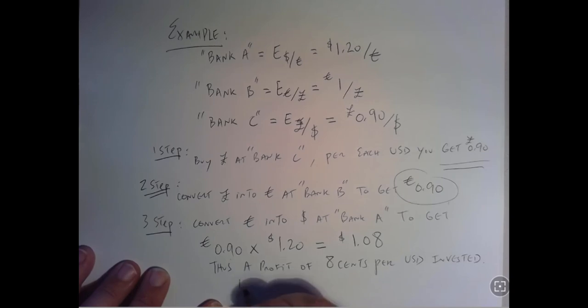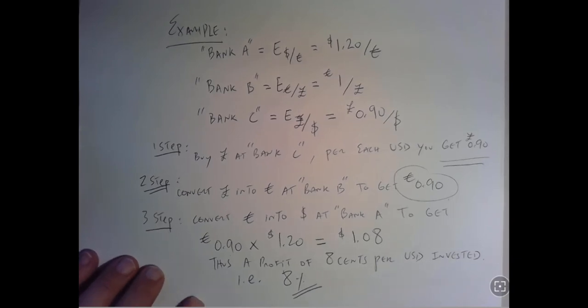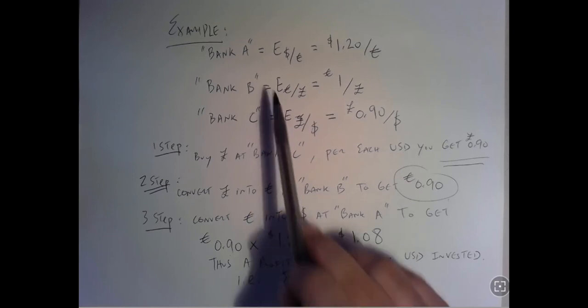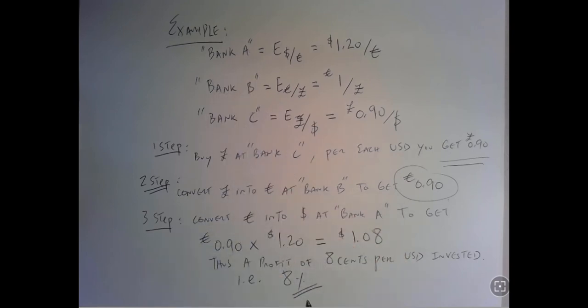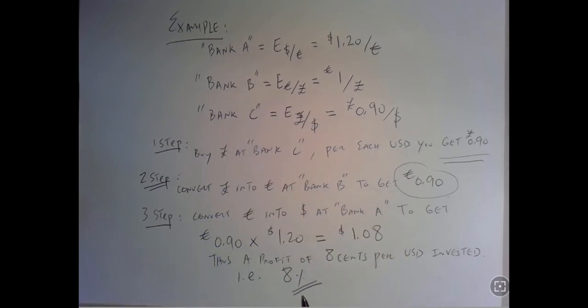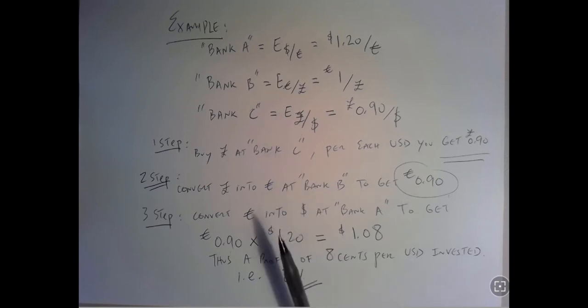The same is to say 8%. So that's an example of 3-point arbitrage because you do 3 transactions to make a profit. If you make just 2 transactions, that'll be a 2-point arbitrage.